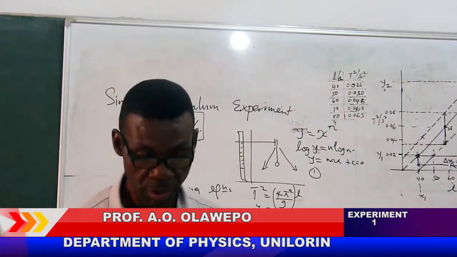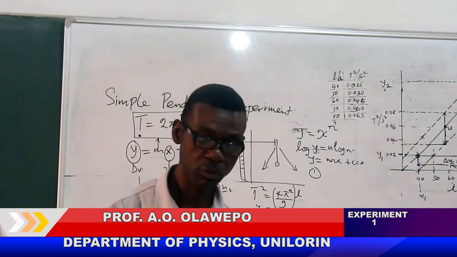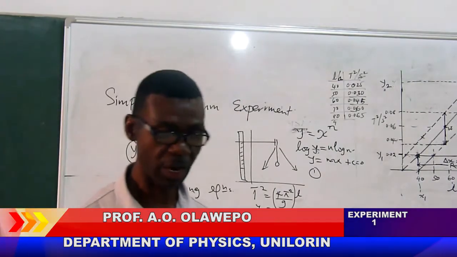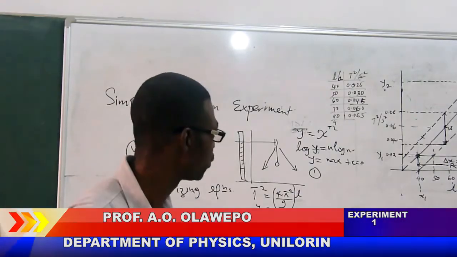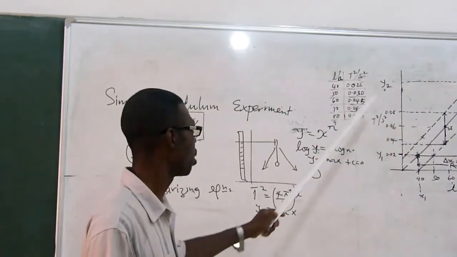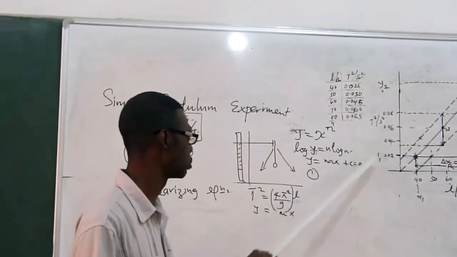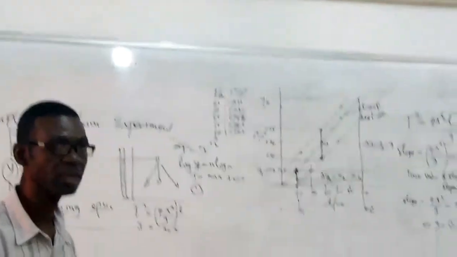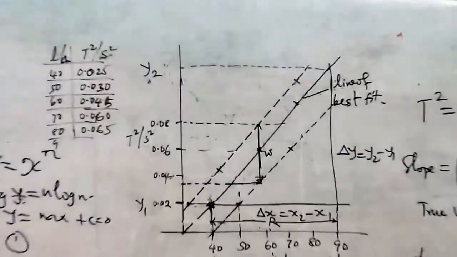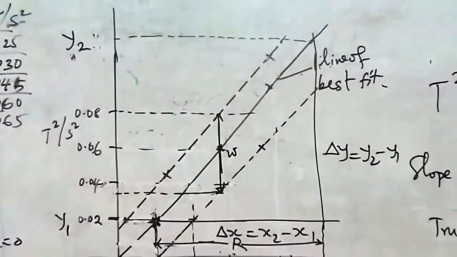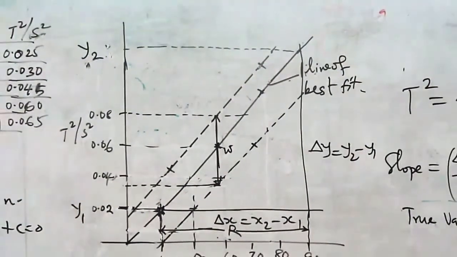When you calculate T squared, the next thing for you to do is to present your result graphically. In presenting your result graphically, there are some points you have to take note of. Number one is the selection of your scale. Your scale must be selected in such a way that your graph covers a greater part, at least 3/4 of the page of the graph.